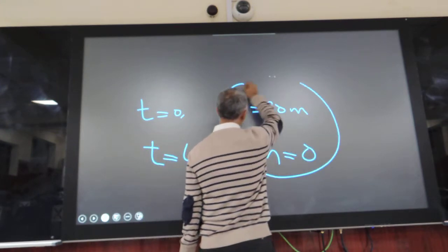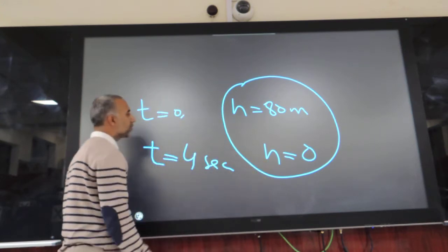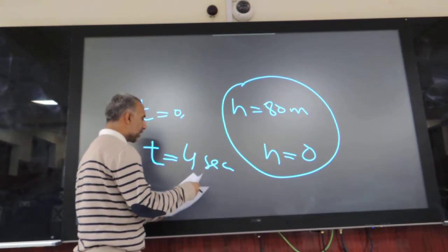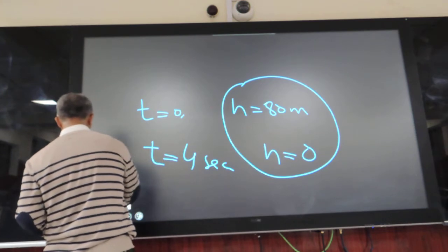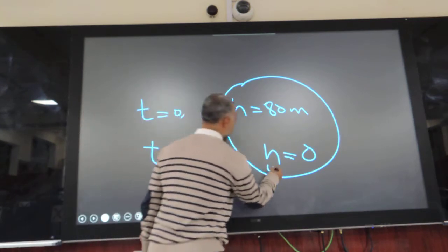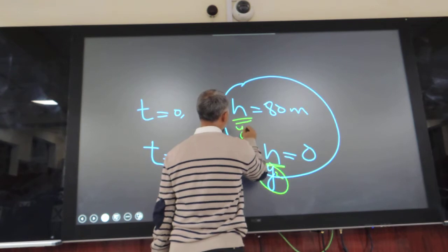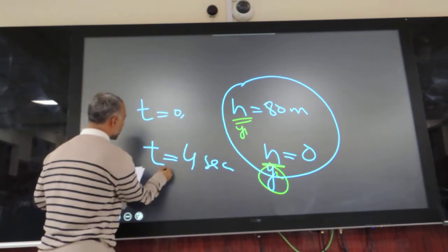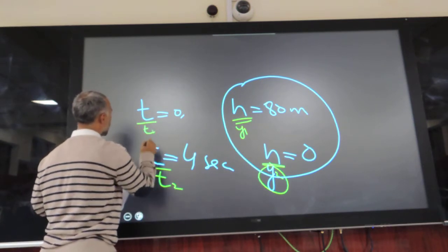First, suppose this is the initial point, the fixed point or point of origin. Or vice versa, we can say this is the y2 height. Let me talk about this: this is y2, and this is y1. Similarly, this is the final time t2, and this is the initial time t1.